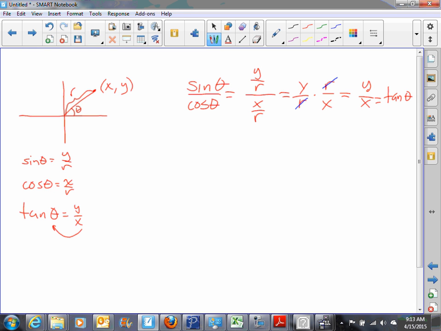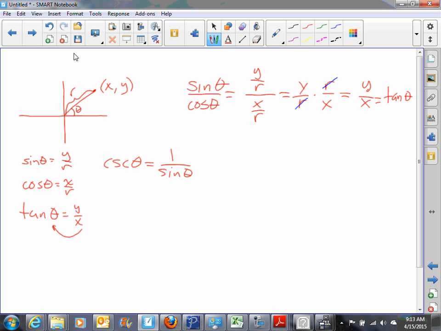Now we can also go with a couple of other things. You were told that the cosecant of theta was the reciprocal of the sine of theta. So that's 1 over the sine of theta. And so the sine of theta is equal to 1 over the cosecant of theta.